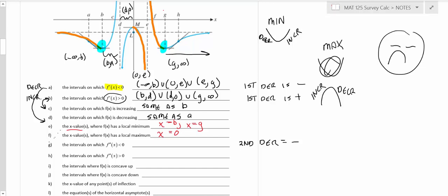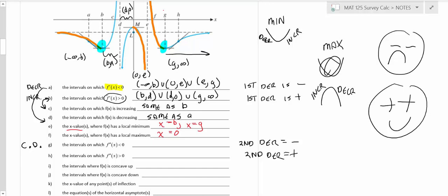Concave down, exactly. So this problem right here is just saying, where are you concave down? Part H is saying the second derivative is positive, so that's saying, where are we concave up? Okay, so that's what we need to do on that, and basically I and J are going to be saying the same thing, okay?